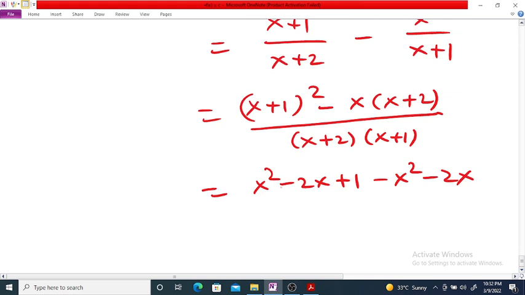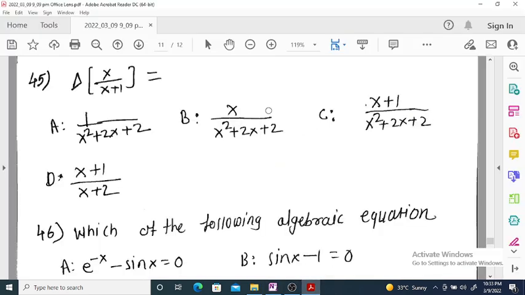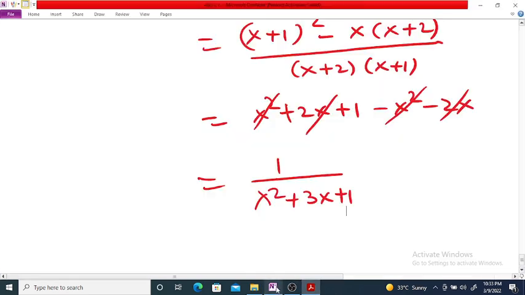So x square gets cancelled, twice x gets cancelled. Here 1 divided by, on the denominator, x square plus twice x plus x, that is thrice x plus 2. Thrice x plus 2, not 1.